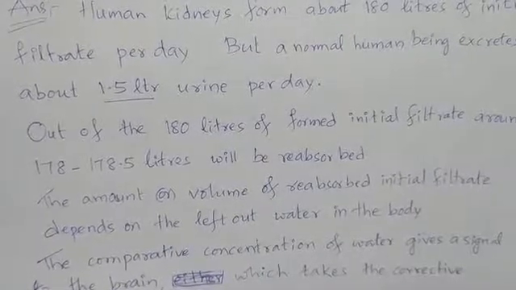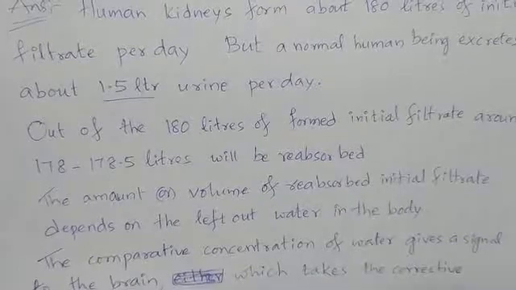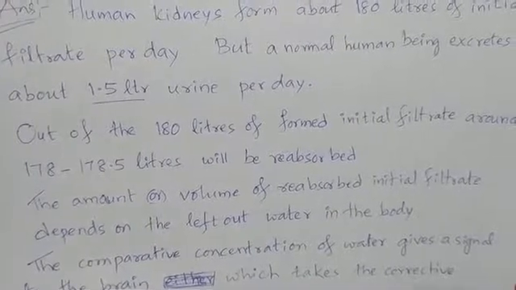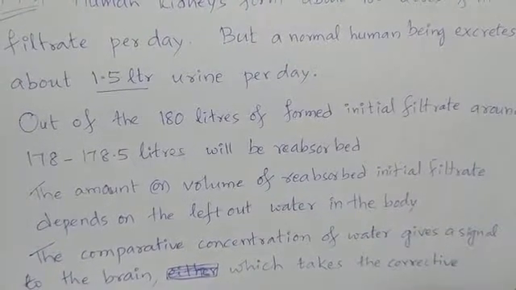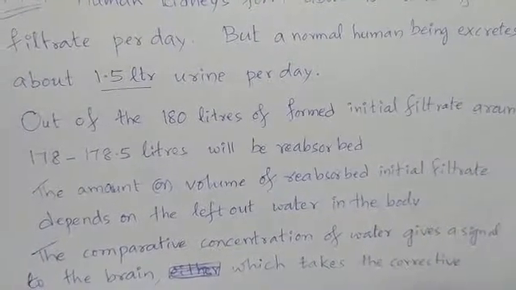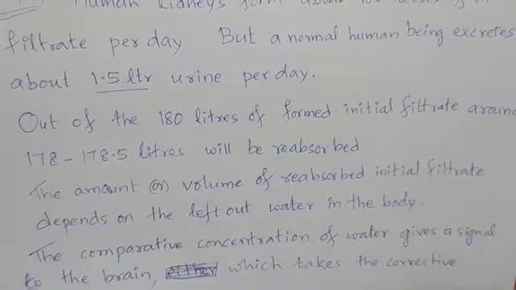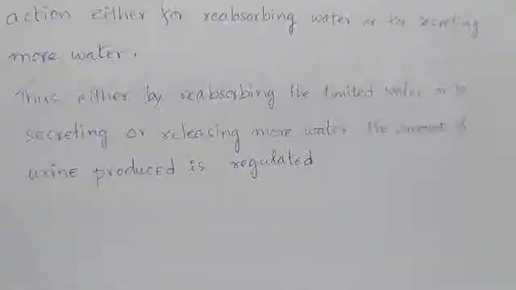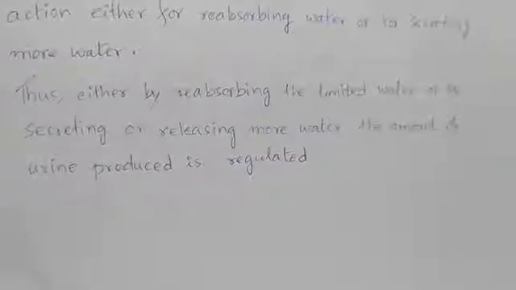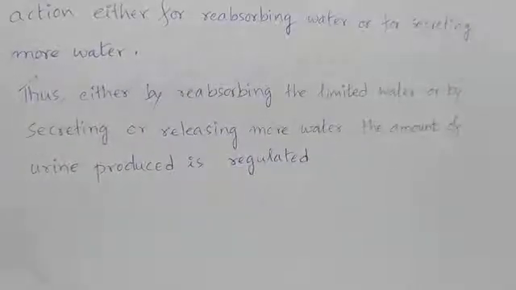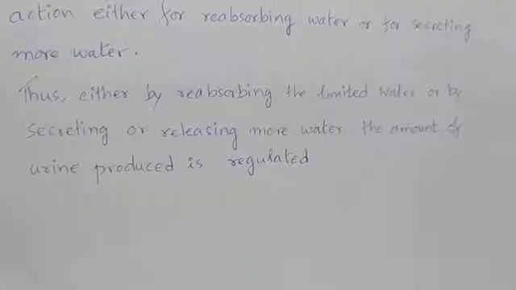If more water is there in the body, that will give another type of signal. And the brain will take the corrective action, either for reabsorbing water or for secreting more water.